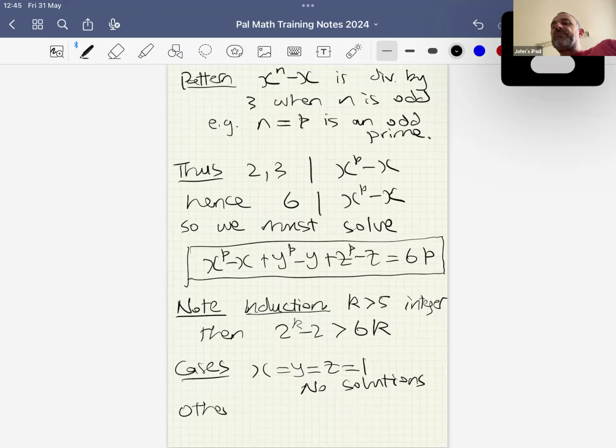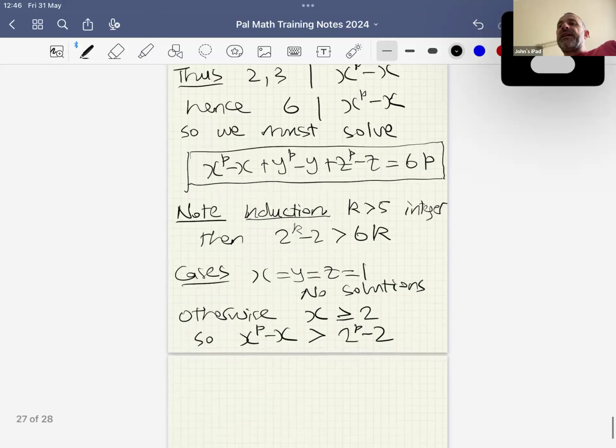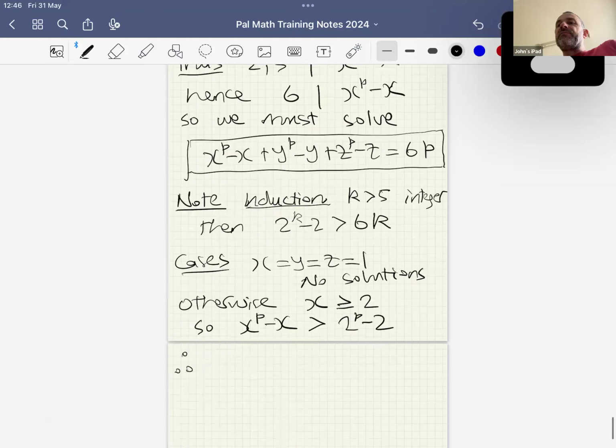Otherwise, you have x greater than or equal to 2. So x to the p minus x is going to be actually greater than 2 to the p minus 2. And therefore x to the p minus x is greater than 6k, so no solutions.